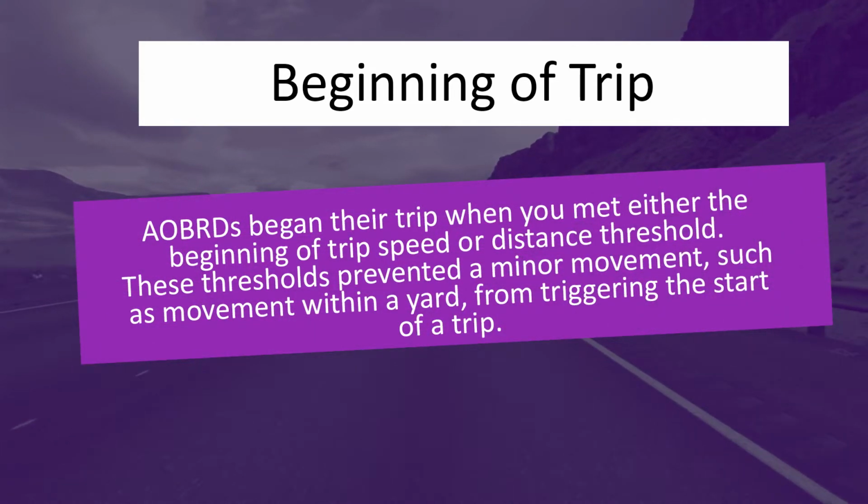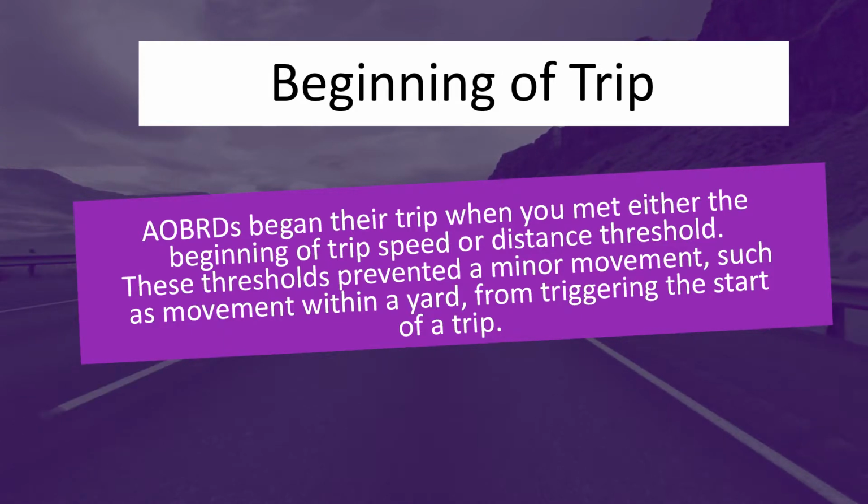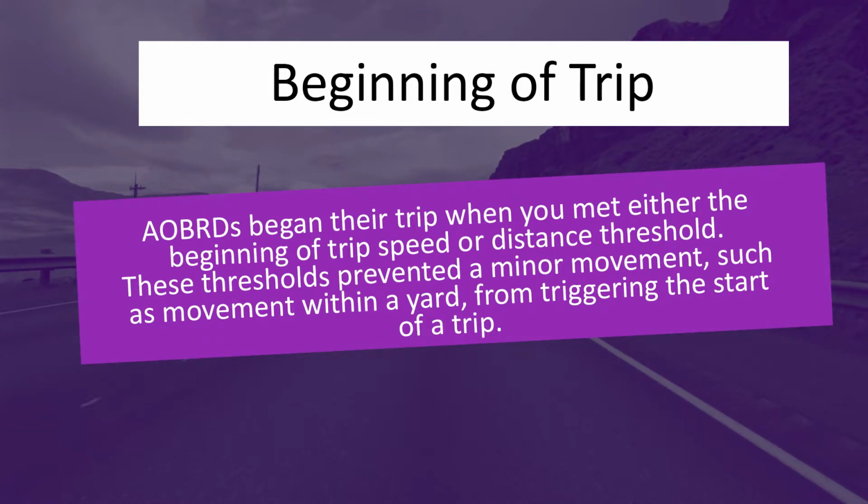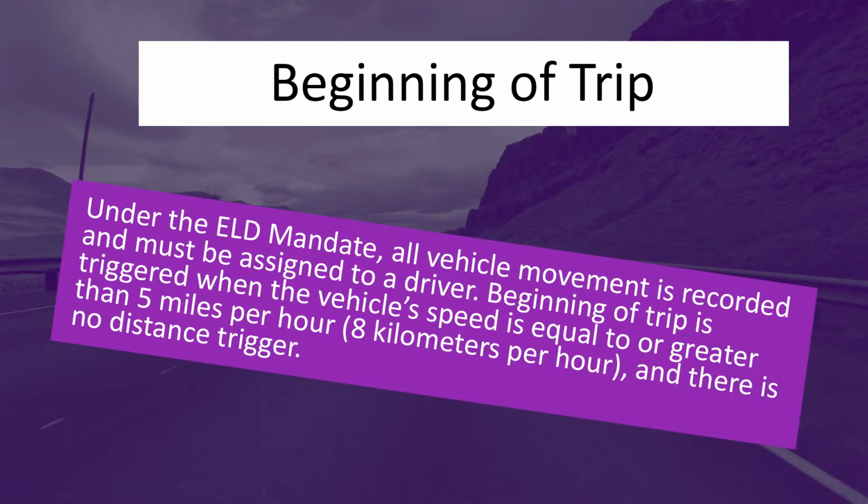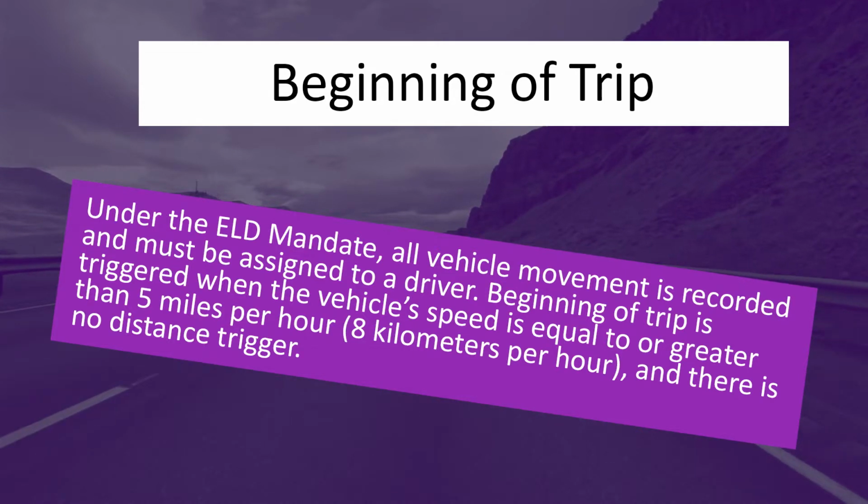AOBRDs begin their trip when you meet either the beginning of a trip speed or distance threshold. These thresholds prevented a minor movement, such as a movement within a yard, from triggering the start of a trip. Under the ELD mandate, all vehicle movement is recorded and must be assigned to a driver.